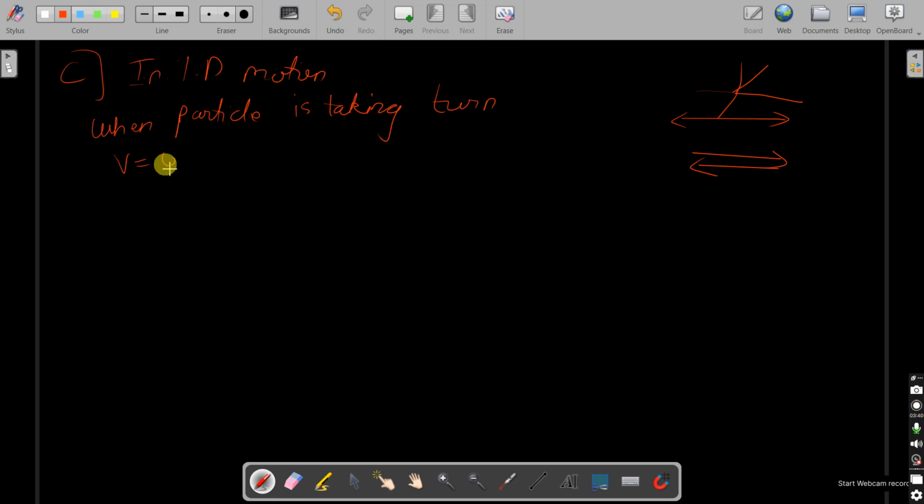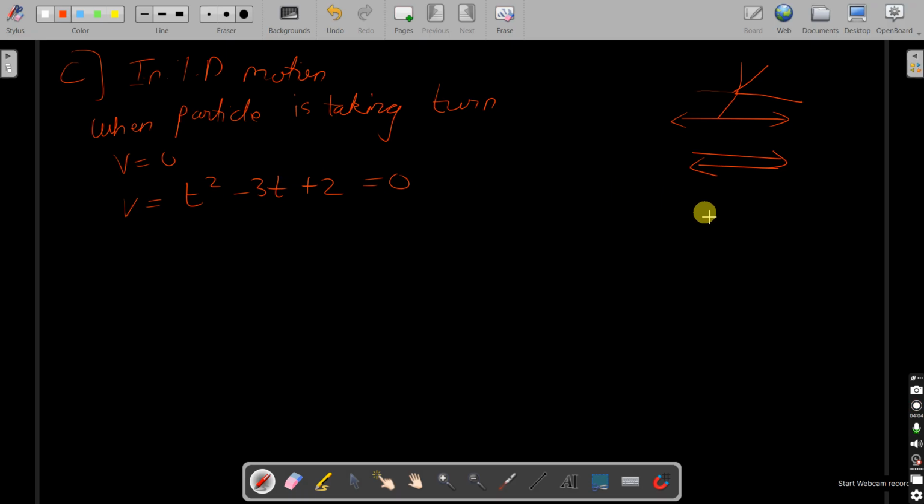When the particle is taking turn, velocity becomes zero. So we found the velocity function, which was velocity is equal to t square minus 3t plus 2. We have to equate this equation to zero because we have to find when it will be zero. So this is a quadratic equation.